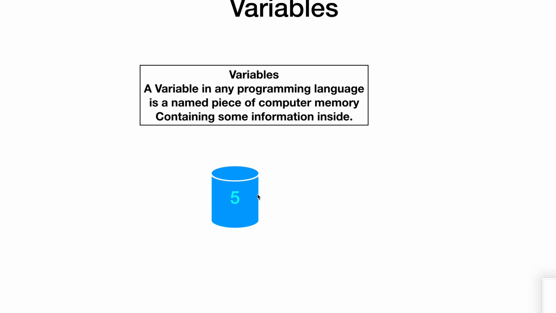So here is your container, and here is something inside it, the number 5. Remember, this container is a piece of computer memory which is named, and we name it, say, bananas, and bananas is equal to 5, we say.